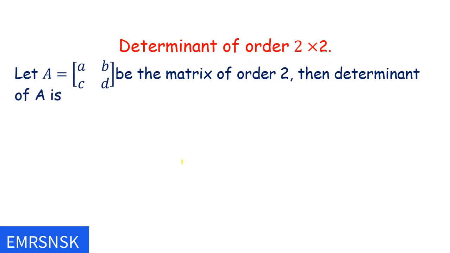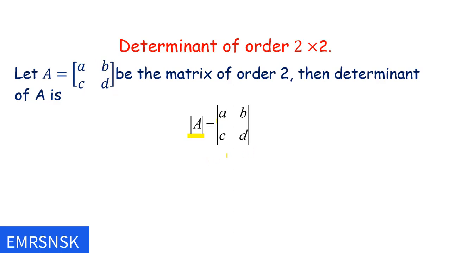Now we will see how to find a determinant of order 2 by 2. Suppose you are given a 2 by 2 square matrix like this, A is equal to a square matrix of order 2 by 2, then the determinant of this matrix A is equal to, we will write these elements in a determinant.